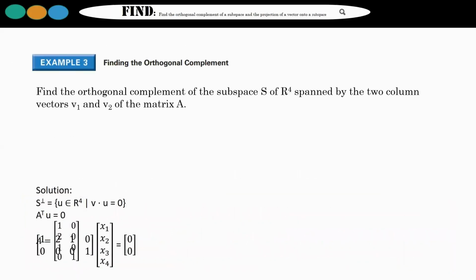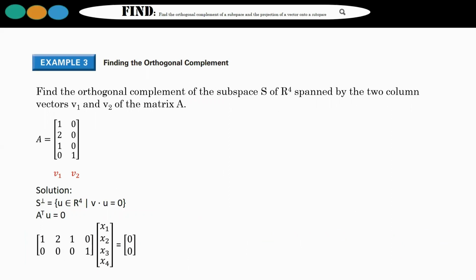So we have here example number 3, finding the orthogonal complement. Find the orthogonal complement of the subspace S of R to the fourth power spanned by the two column vectors v sub 1 and v sub 2 of a matrix A. Our matrix A has v1 equal to 1, 2, 1, 0, and v2 equal to 0, 0, 0, 1.